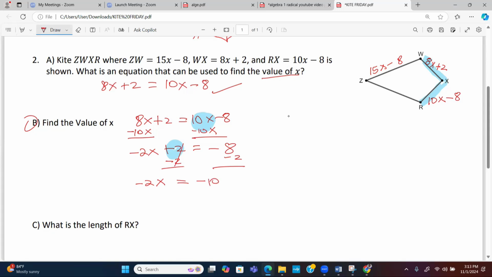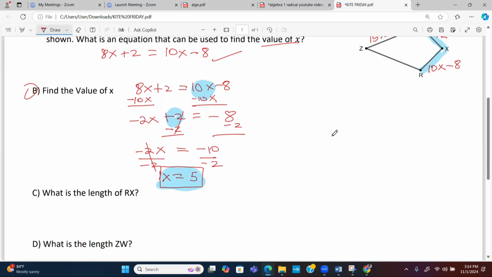Finally, because this negative 2 is multiplying the x, I can use the inverse, which is to divide both sides by negative 2. On my left side, negative 2 is canceled. We're left with x. And negative 2 into negative 10, that's positive 5. So x has a value of 5. All right, so we know that x is 5.